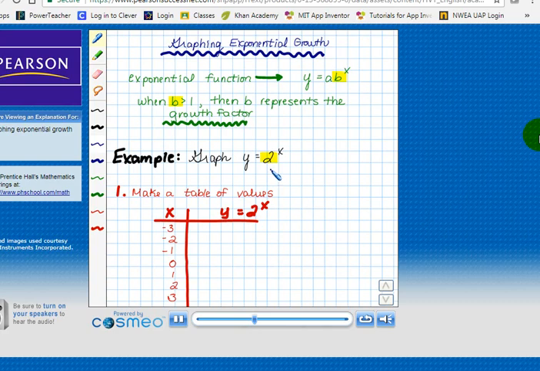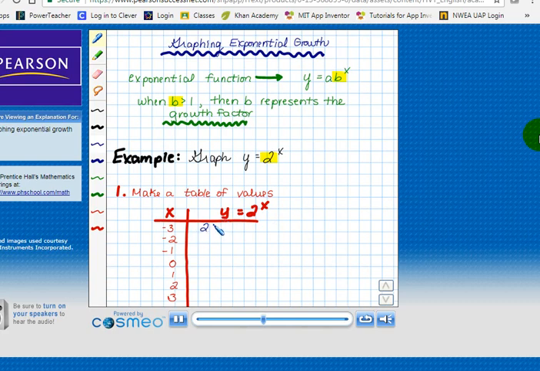Now we want to go through graphing this exponential growth. The first thing that we want to do is make a table of values. I've gone ahead and picked several different values for x: -3, -2, -1, 0, 1, 2, and 3. Then we want to make a table of values and solve. What will the value of y be when x is -3? Well, substituting in -3 for x, we can solve for y.